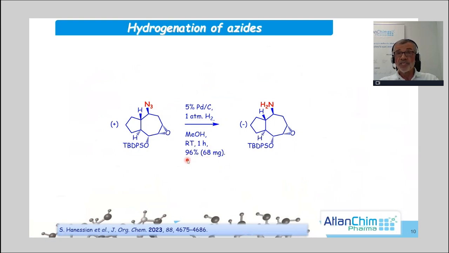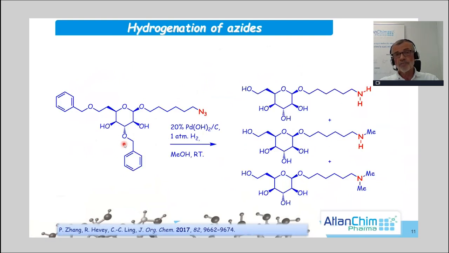It should be pointed out that under these catalytic hydrogenation conditions, this internal epoxide here is stable and no secondary alcohol from hydrogenolysis of the C-O bond was detected.